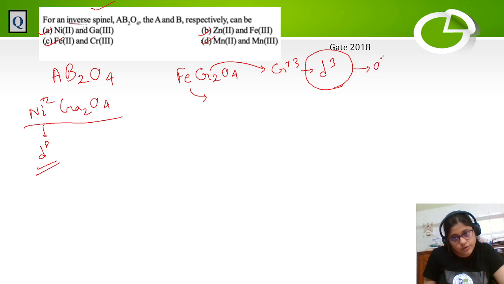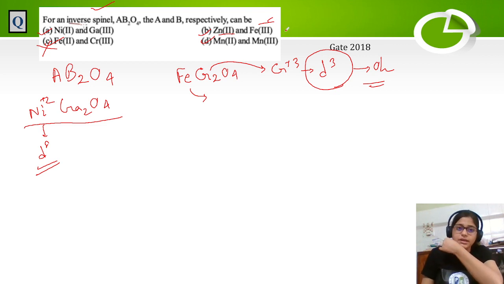Octahedral field. So it will be normal spinel. Okay, this is wrong. Now Zn2+ and Fe3+. So we know Zn2+ is d10 and Fe3+ is what? d5. Both have CFSE 0. It can be mixed spinel or normal spinel. Not inverse. It is wrong.